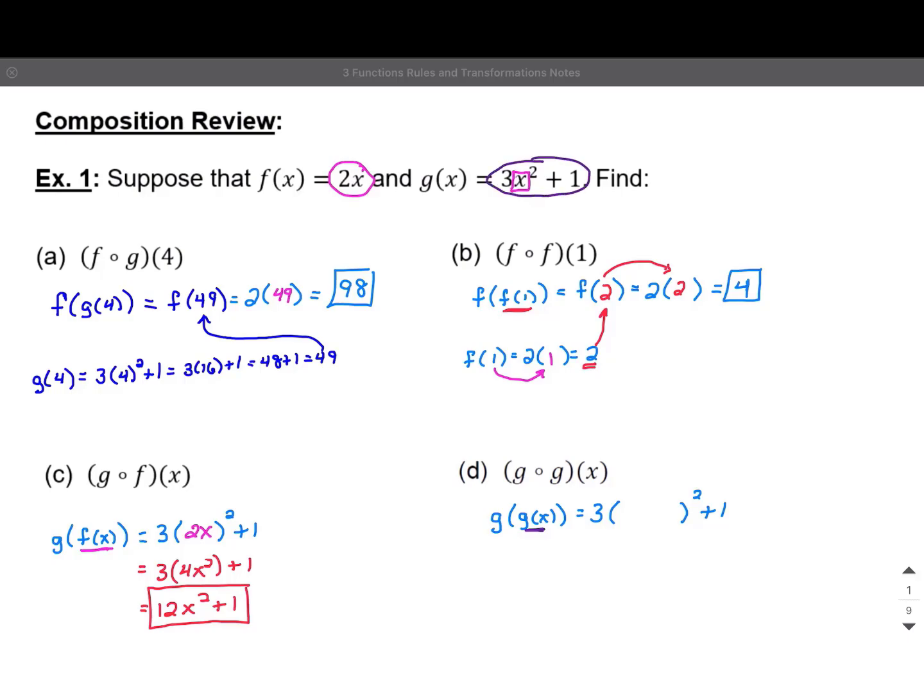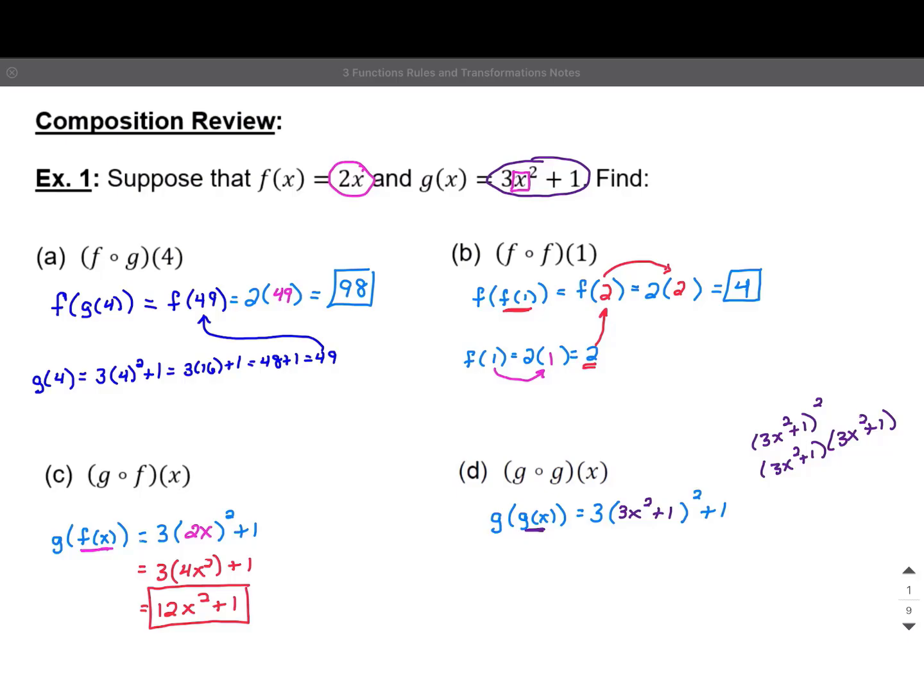So we're putting 3x squared plus 1 in there. Now please be very careful. When you square 3x squared plus 1, you have to do 3x squared plus 1 times 3x squared plus 1. Do not just square the first part and square the second part.